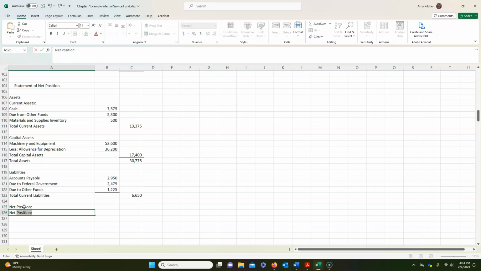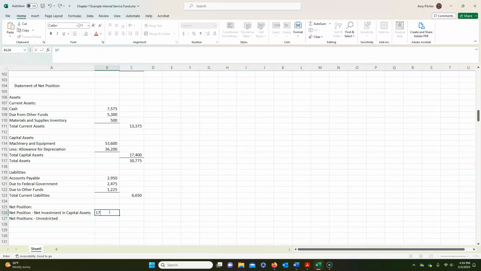And we have the net position, net investment in capital assets, and net position unrestricted.